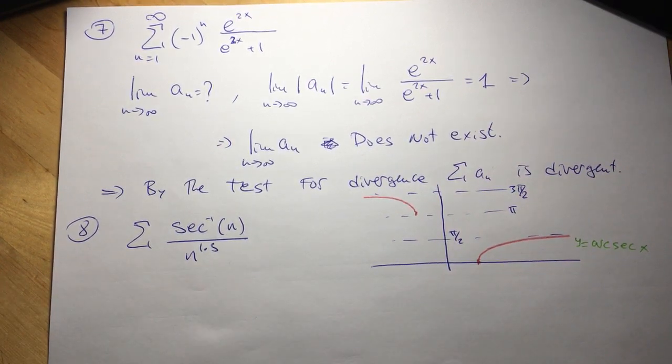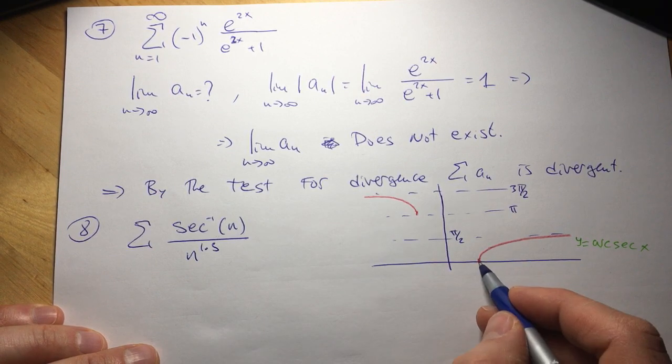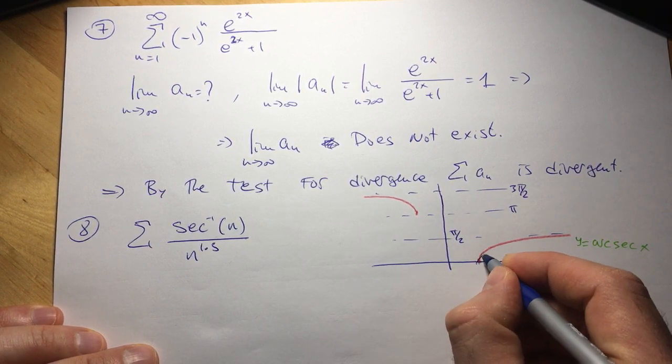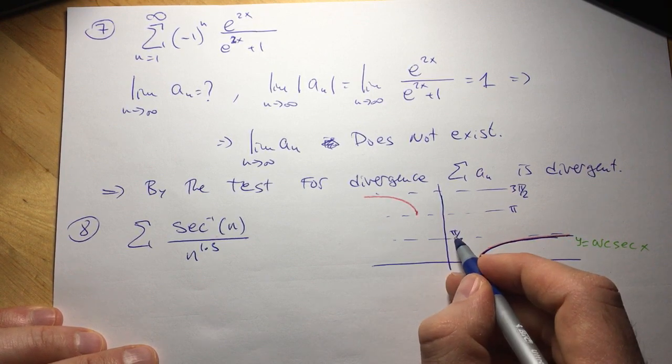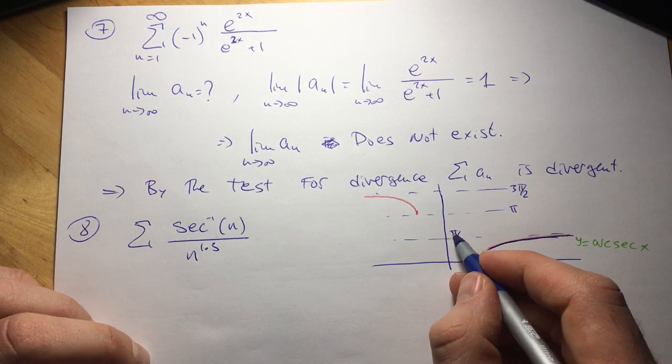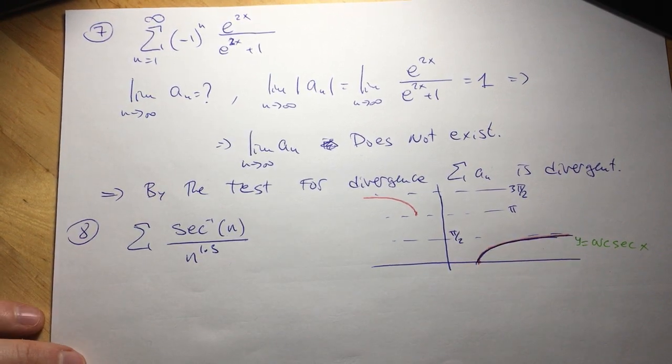If you want to be more precise, you can say even pi over 2. And why do I say this? Because n is only positive, right? So I can just concentrate on this part of the graph. So it's bounded by pi over 2. And as a matter of fact, it's bounded by any constant greater than pi over 2.